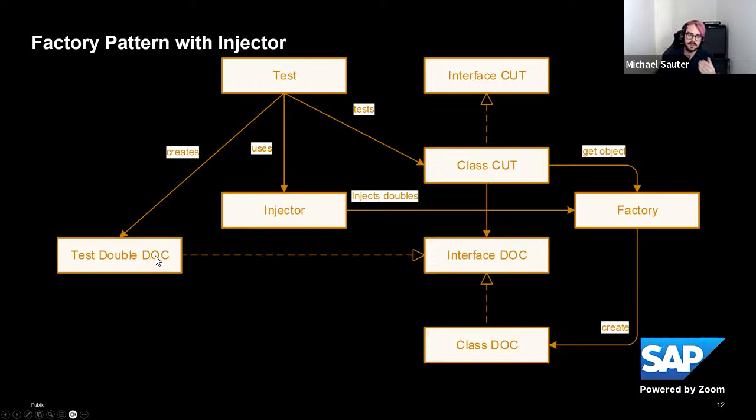This test double is a class that implements the same interface as the depended-on component. Then the test uses an injector to put that double into the factory. And when the test now accesses the code under test, and the code under test asks the factory for the depended-on component, the factory simply returns the double.